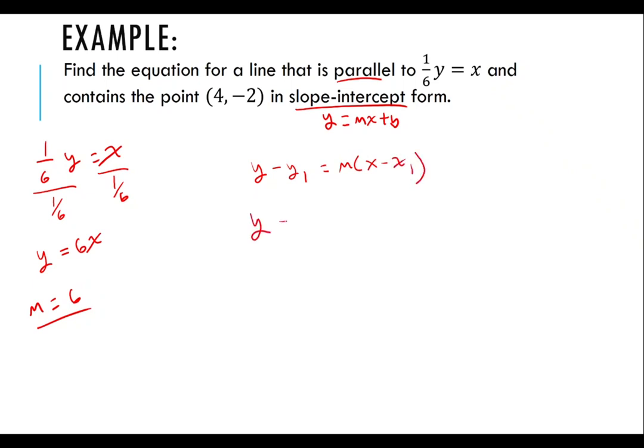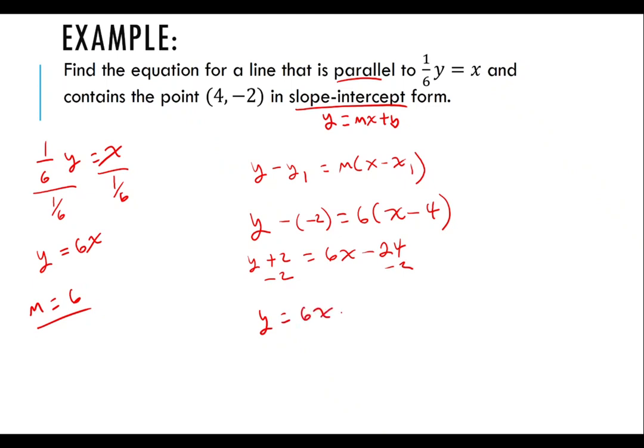That is y minus -2 is equal to 6 times x minus 4, and we want to get this into slope-intercept form, so now I need to solve this equation for y. That is y plus 2 is equal to 6x minus 24, minus 2, minus 2. Y is equal to 6x minus 26.